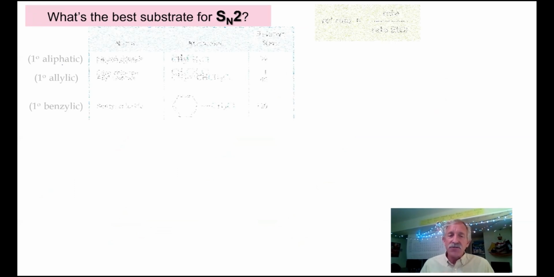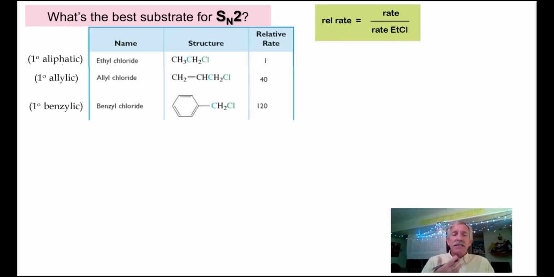So the best substrate on this theme, again, let's think about these other guys. What if I had primary everything? So even though I have the first names are primary, are they all the same? And what would be the best? So notice when we did an experiment with primary aliphatics and primary allylic and primary benzylic leaving groups, they did not all react the same.